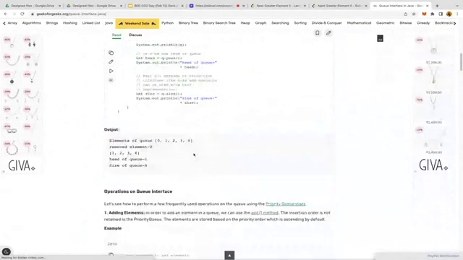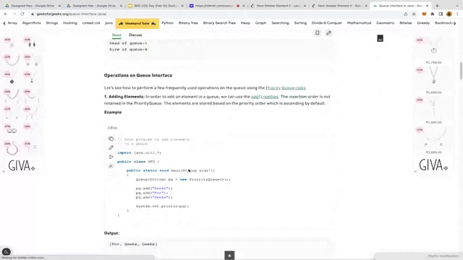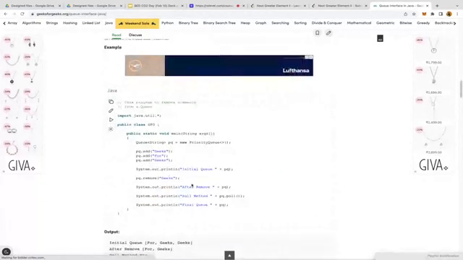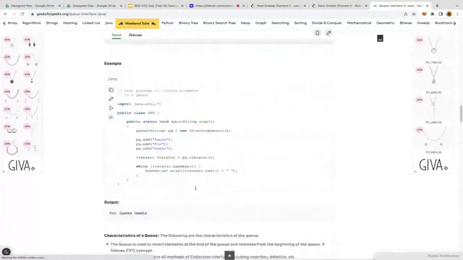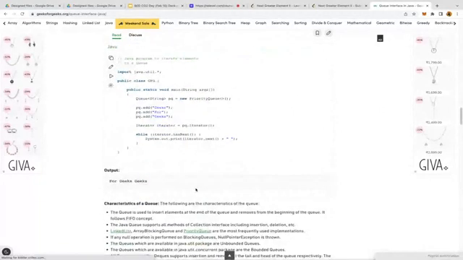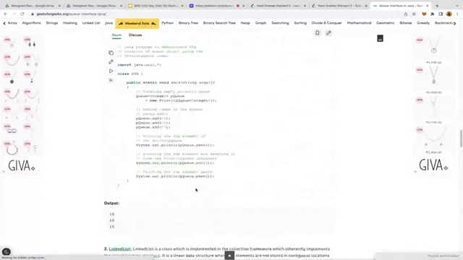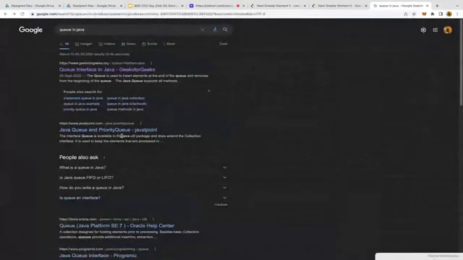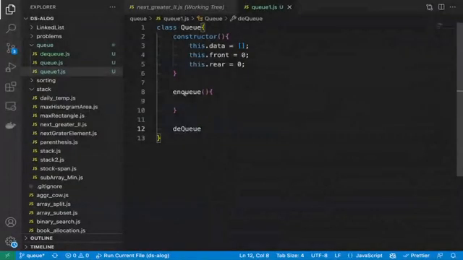What about the insertion, guys? They have add as a method. Okay, whatever, I can take enqueue in small letters, that's fine.